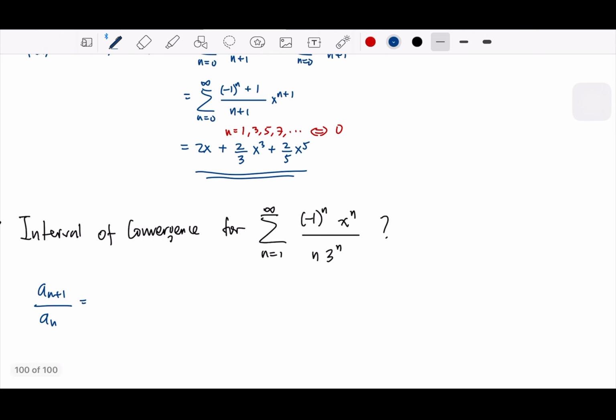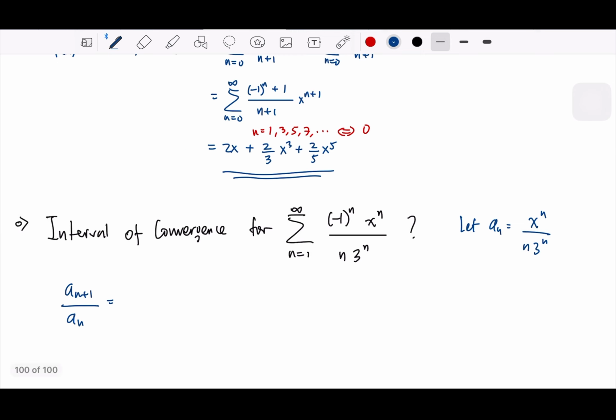And this we can write first. We let a n be equal to x to the power of n over n. Okay. So take the absolute value to remove our alternating signs. So we can have a n plus 1.